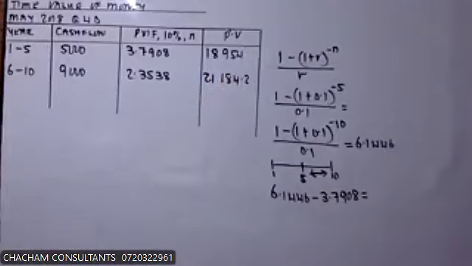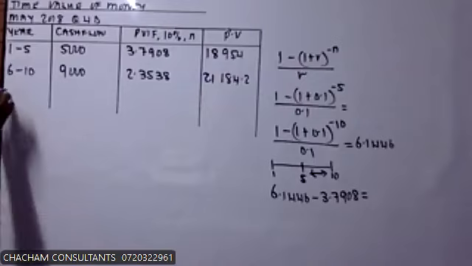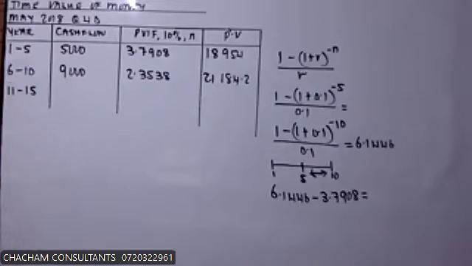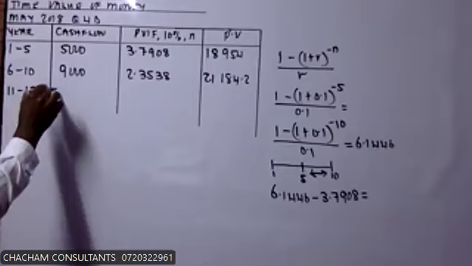And then 11 to 15, we have a cash flow of 4,000.